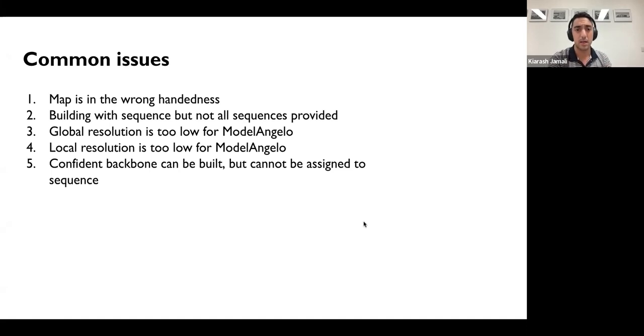And the last one is that sometimes it can build a confident backbone but not the sequence. This is when the local resolution is on the cusp of something where it can see the backbone, but it can't build the sequences, even if you've provided the sequences. This happens sometimes, and it's really hard to do anything about it because the sidechain densities are probably not good enough for Michelangelo to understand what's happening.